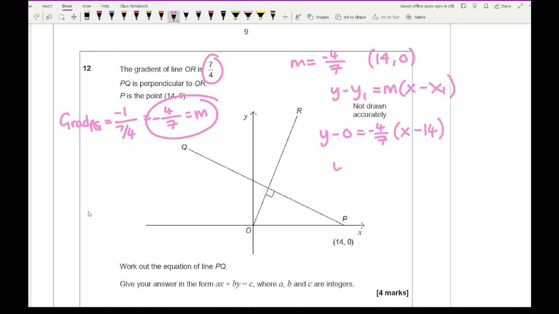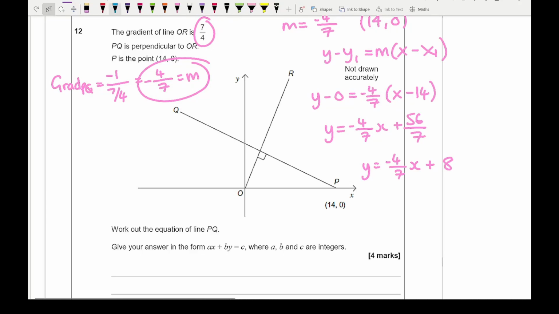Then expanding the brackets, I get y equals minus 4 over 7 x. Then minus 4 times minus 14 is 56, so it's going to be plus 56 over 7. 56 over 7 is 8. So it's y equals minus 4 over 7 x plus 8.